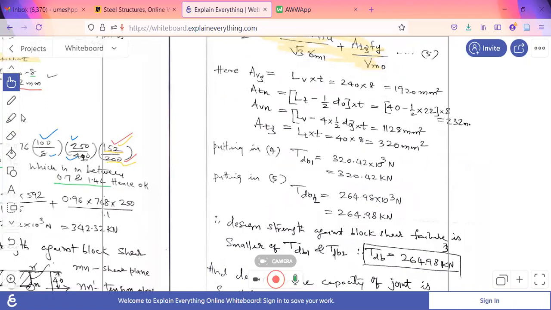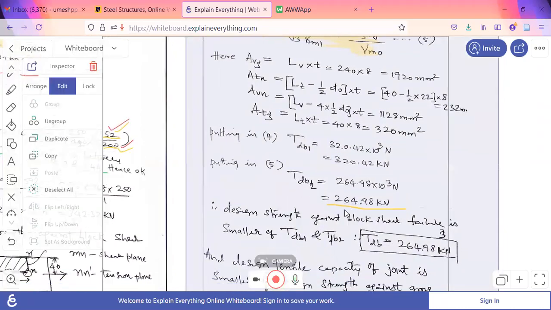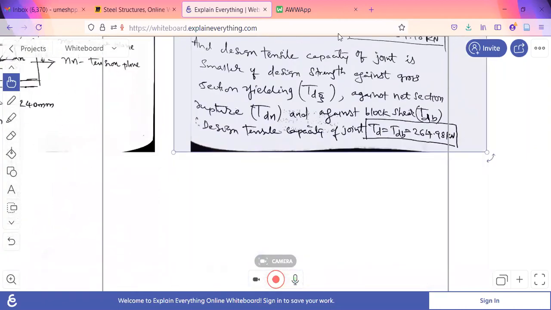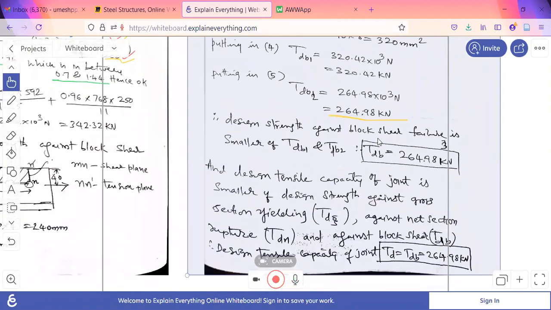So out of all these values, 264 happens to be the smallest, because I have to consider the smaller of block shear and compare with the remaining two, TDG and TDN. So the smallest was 264.98. That is why TDB is the smallest out of the three.